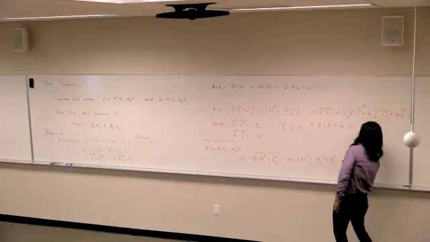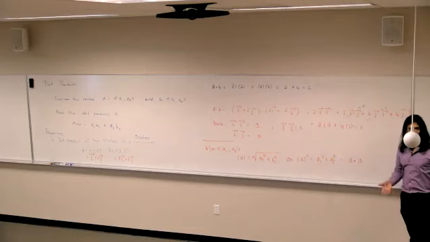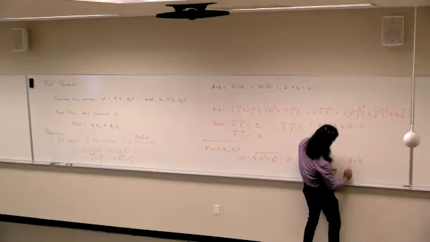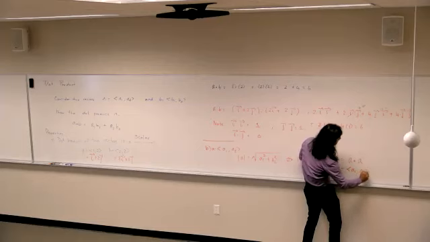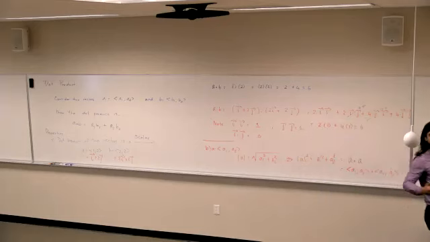I can write that as A dot A. A dot A would simply mean A1, A2 dot A1, A2, which by my definition means A1 times A1, A1 squared, plus A2 times A2, A2 squared.